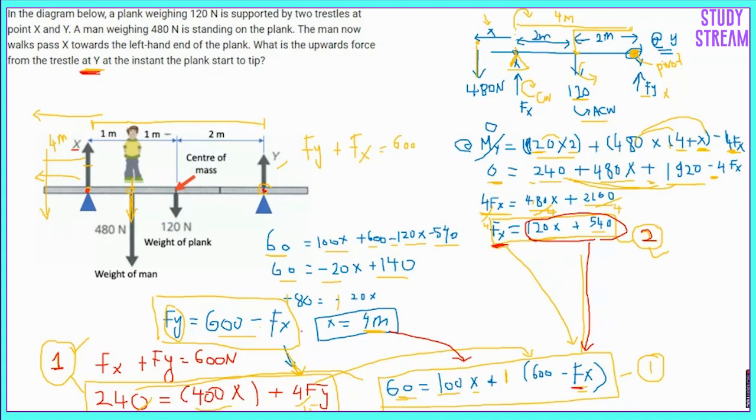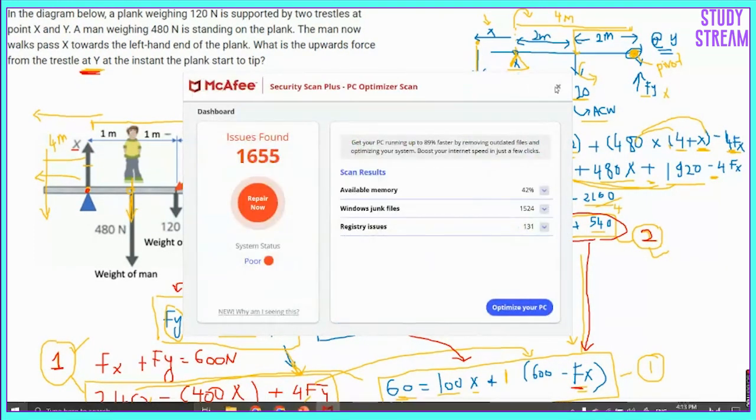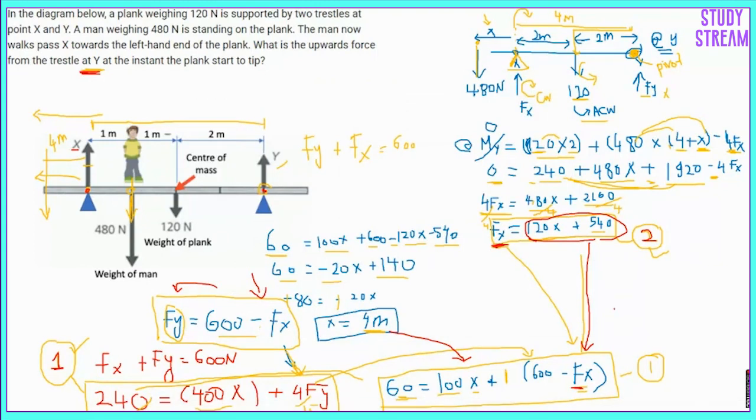And if you find Fx, you can plug Fx here and find Fy, right? Yes. Okay, do you guys know how to solve this? Can you try to find the answer for Fx using your calculator? So all you have to do is put x as 4 and then find Fx. Let's try to find the value for Fx.